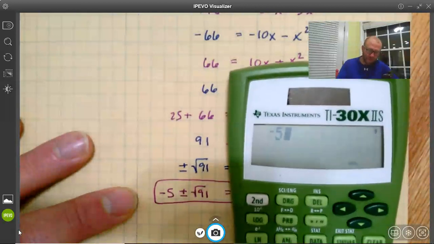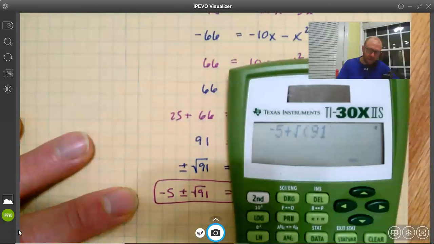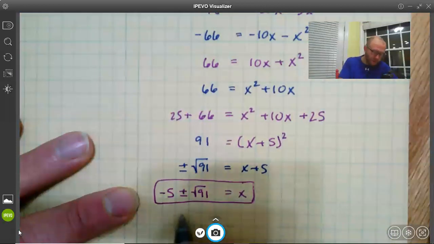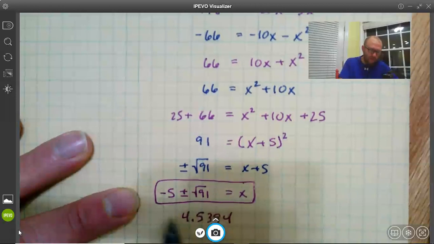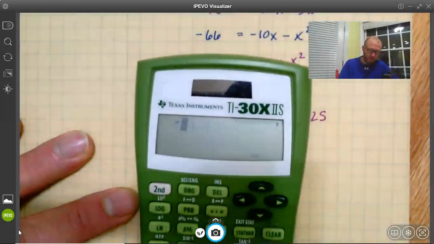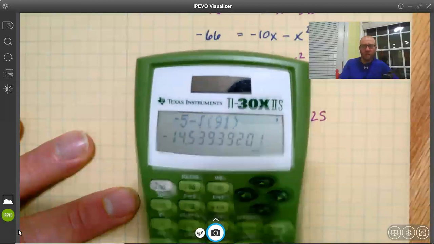So negative 5 plus the square root of 91 gives us 4.5394 approximately. And negative 5 minus the square root of 91 gives us negative 14.5394.